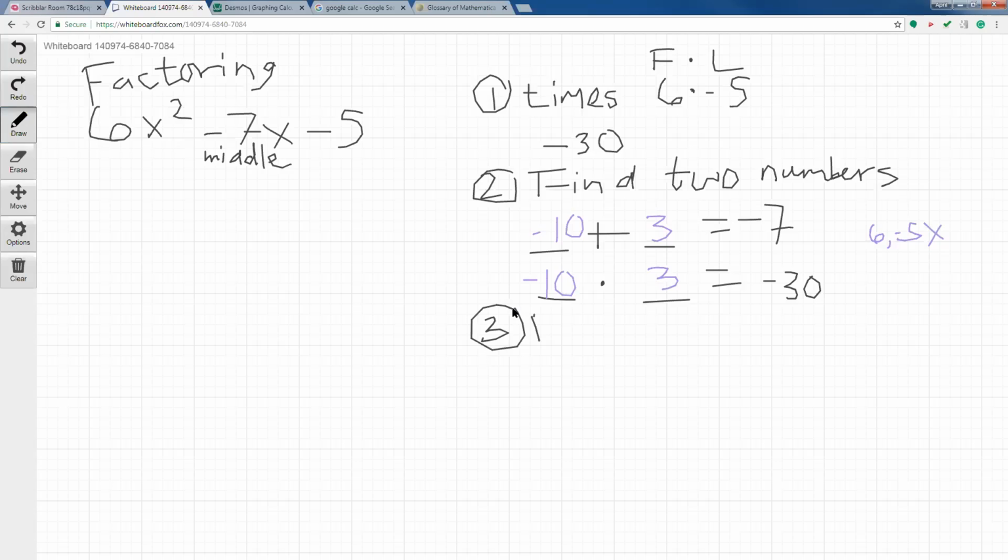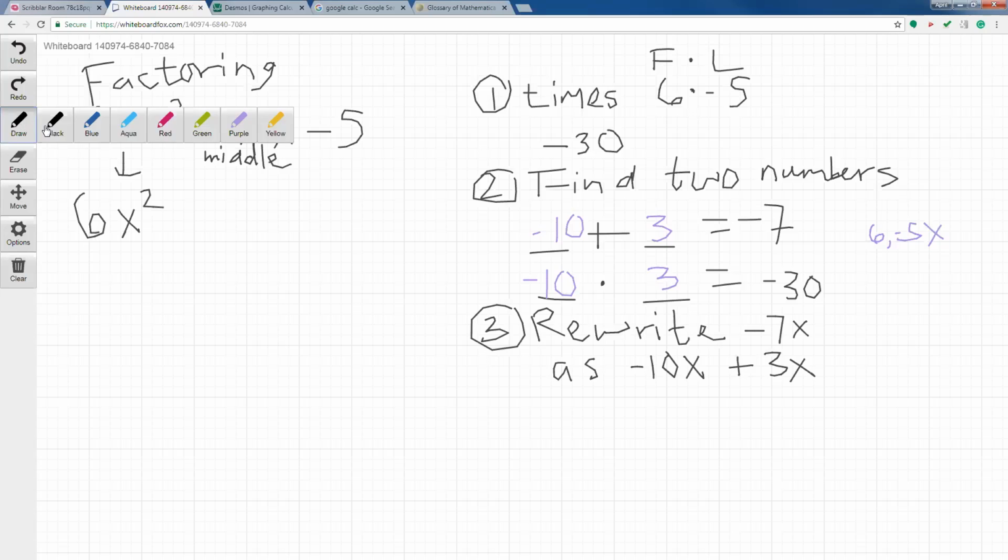We're going to rewrite the negative 7x as negative 10x, the first number we found, plus the 3x, the second number we found. So we still have 6x squared here, but then we're going to rewrite this as negative 10x plus 3x.